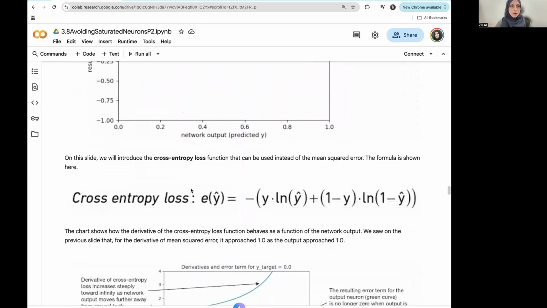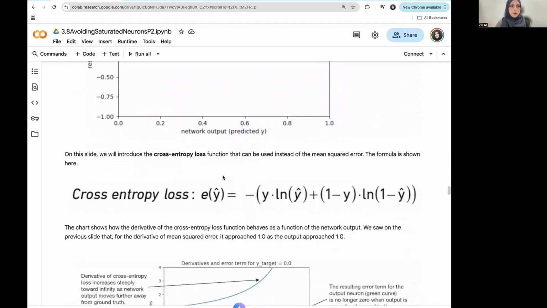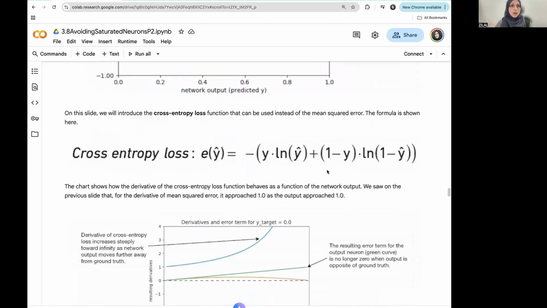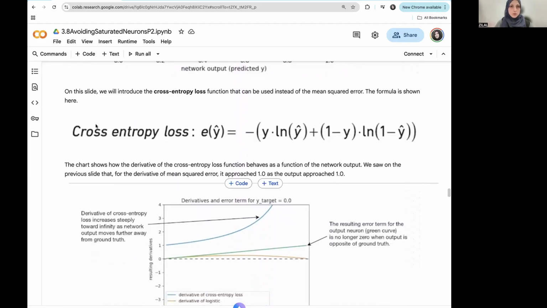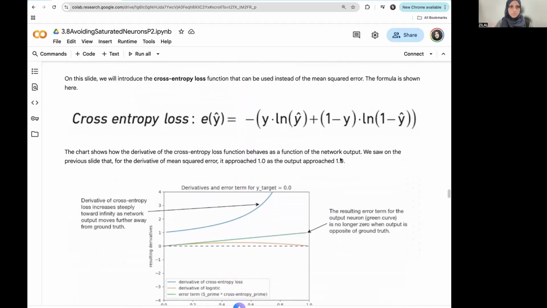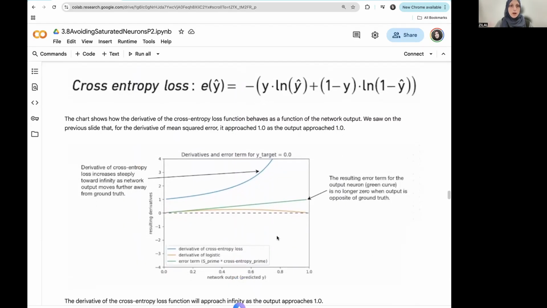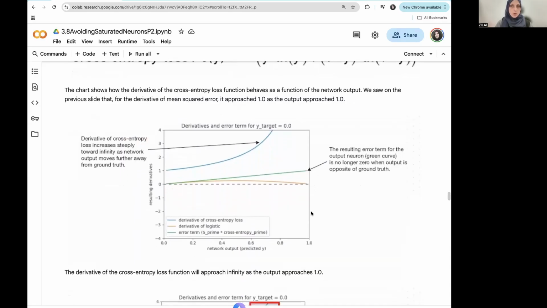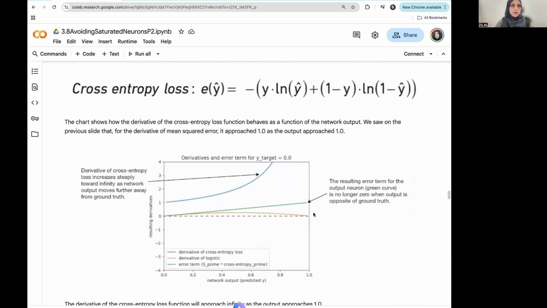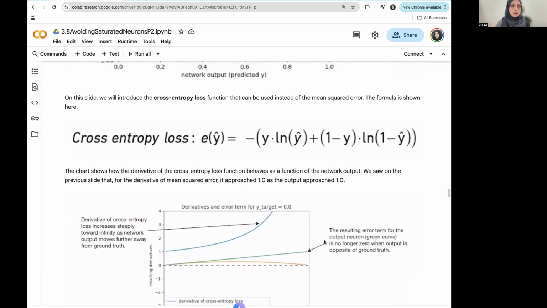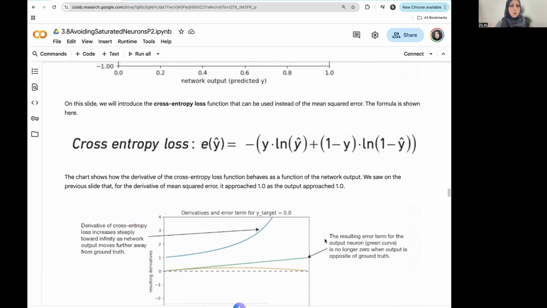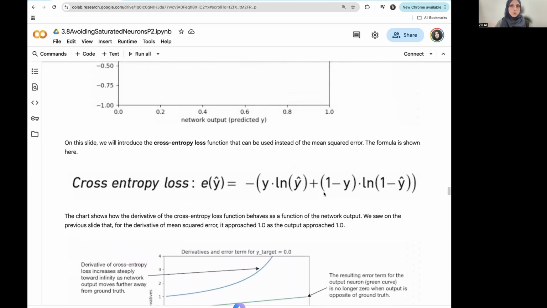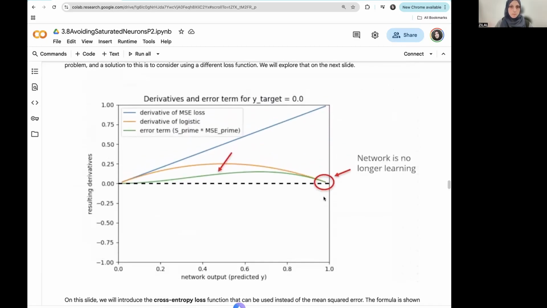Here, on this slide, we will introduce the cross-entropy loss function that can be used instead of the mean squared error. This is the formula shown here. The chart shows how the derivative of the cross-entropy loss function behaves as a function of the network output. We saw in the previous slide that the derivative of mean squared error approached 1.0 as the output approaches 1.0.